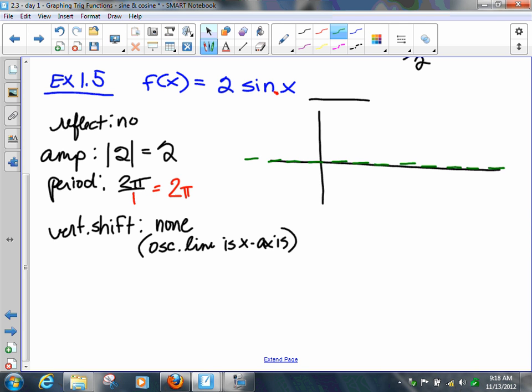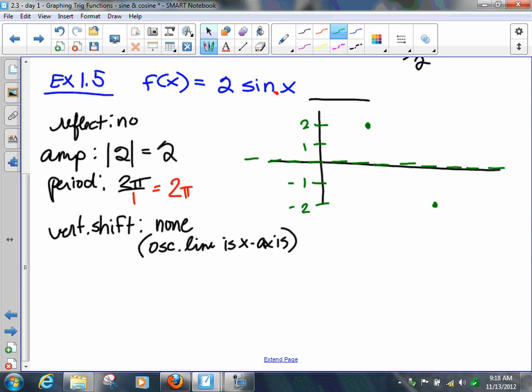All right, there's my oscillation line. The amplitude tells me what? How high and how low. How high is this curve going to go? It's going to go 2 above. And it's going to go 2 below. Do you guys agree with that? Yes or no? Okay. So that means my maximum value is going to be somewhere up here. My minimum value is going to be somewhere down here. Do you guys agree with that?